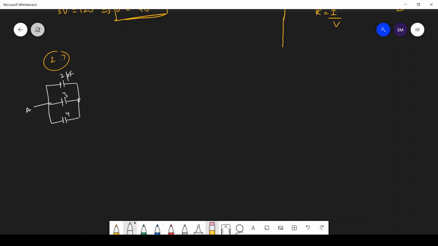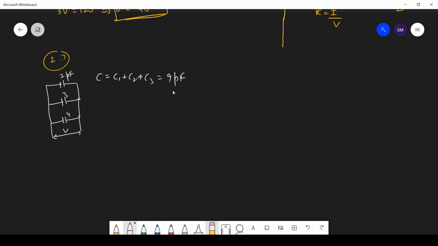Okay, they're connected in parallel. What is the total capacitance of the combination? So it's so simple. So normally we connect the voltage here. These questions are very simple. So what is the total? In parallel, C is equal to C1 plus C2 plus C3. So add all of them, 2, 3, 4. It is 9 picofarad. So that's the total capacitance of the circuit.